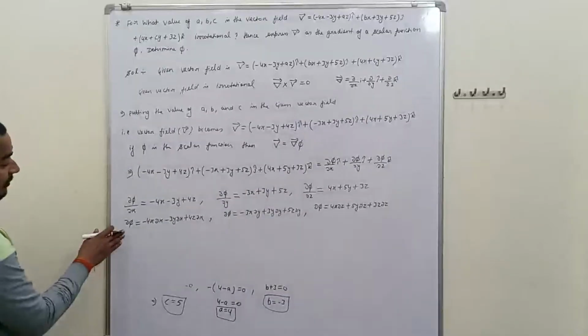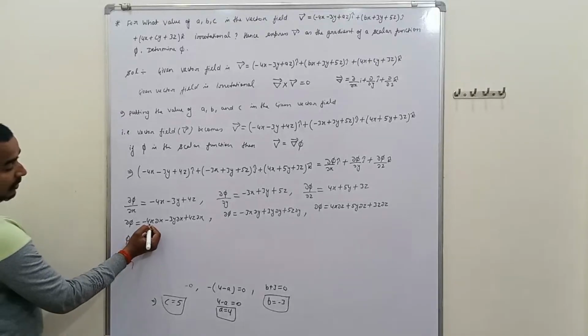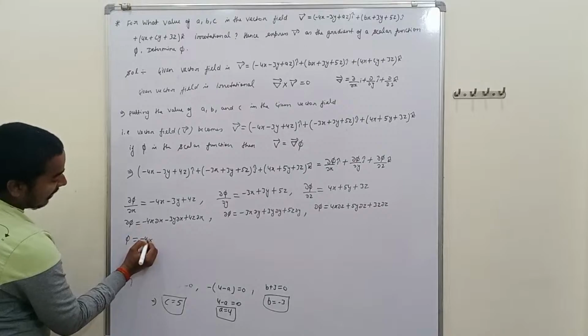Integrating ∂φ gives φ, and here we have -4 ∫x dx.